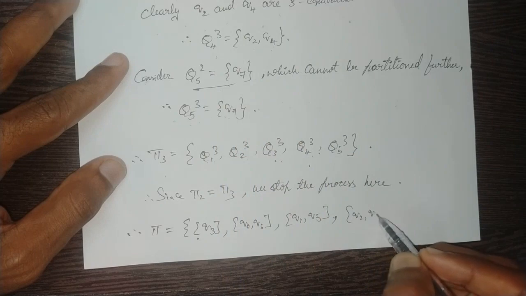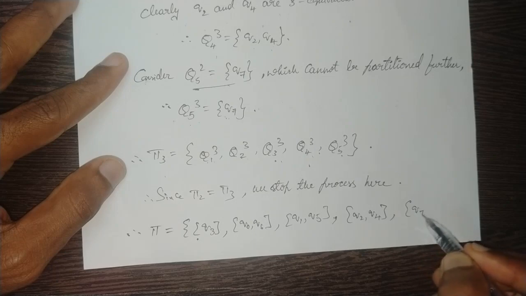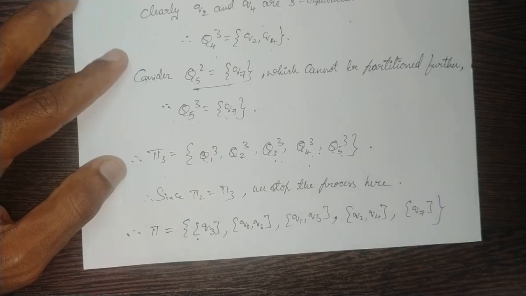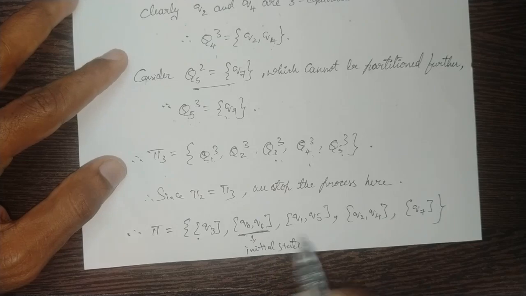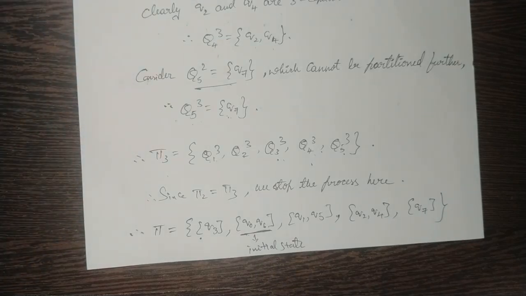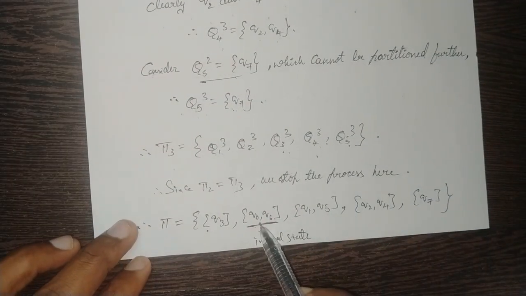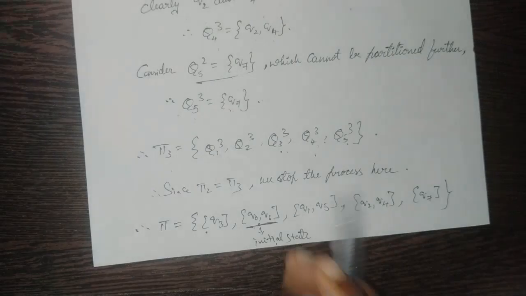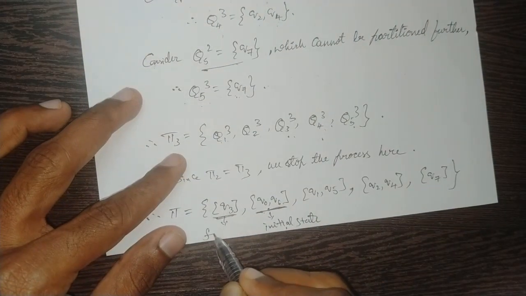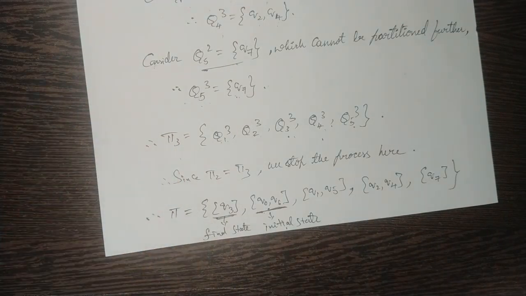That is Q2, Q4. What is Q5 3? Q7. So here the initial state is, what is the initial state here? Q0, this is the initial state, and Q3 is the final state.